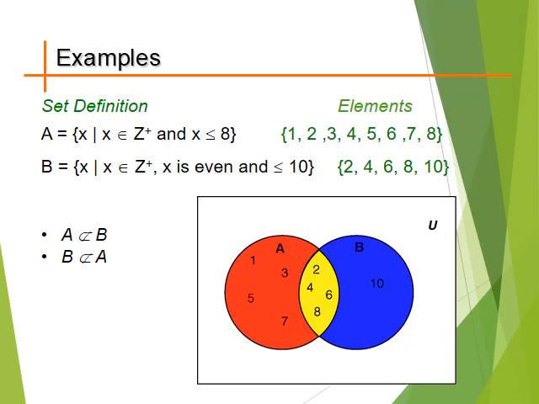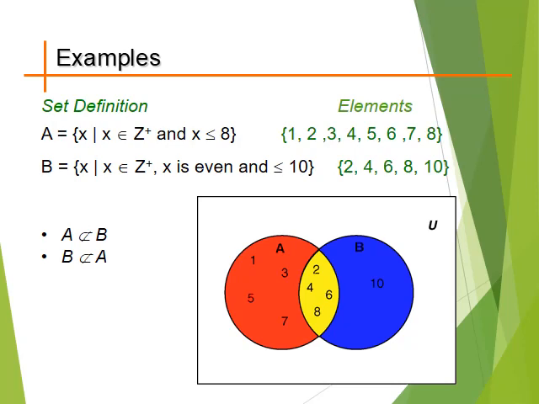And the set B can be defined as x such that x belongs to Z+, where x is even and less than or equal to 10. That is, positive integers which are even and less than or equal to 10. So we can write 2, 4, 6, 8 and 10.